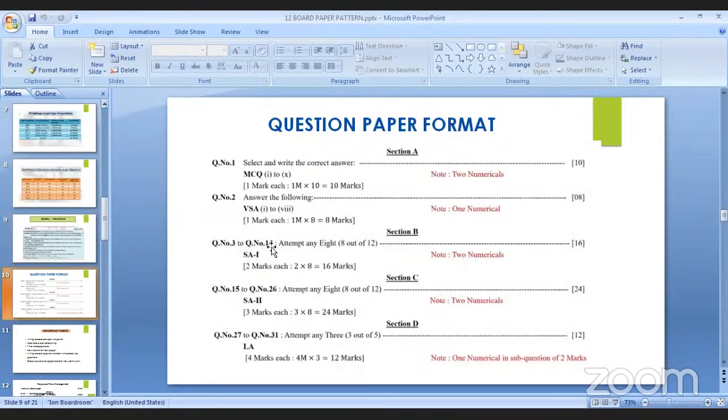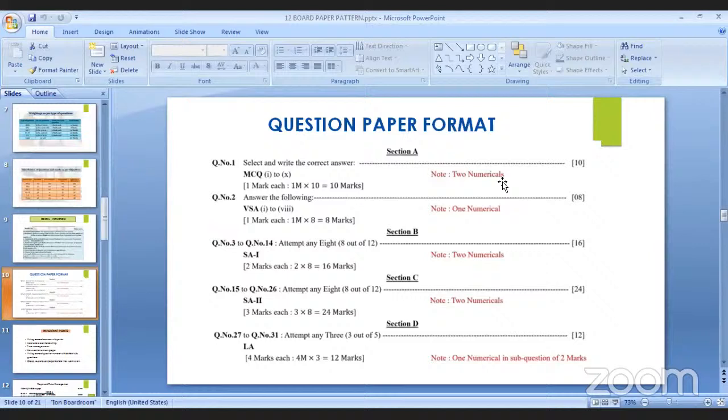Now see, the question paper format is like this. This is the blueprint of your question paper. As I have said, there will be 10 MCQs. Does anyone have any doubt? In the 10 MCQs, there is a possibility of getting 2 numericals.